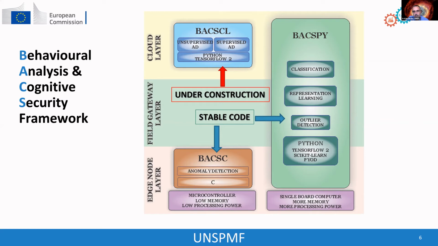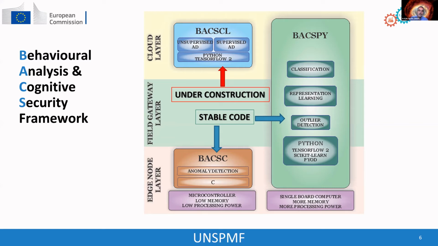In the smart factory use case, we have a single board computer, that's a Raspberry Pi or similar, that has maybe one gigabyte of memory and a relatively powerful processor. Relatively powerful compared to what we have in the logistics use case. It's just a microcontroller in the IoT device.